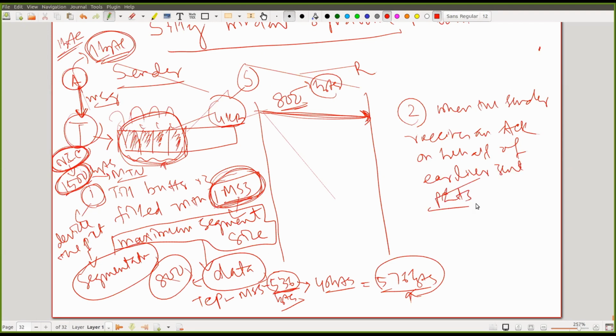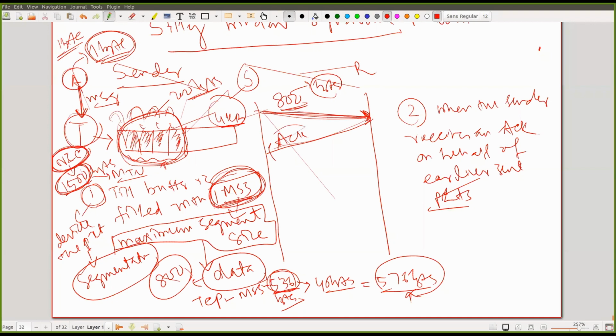let's say I am accumulating packets because the application layer is generating the data very slowly and it has not filled one MSS. Let's assume the MSS is 536, but till now I have accumulated 200 bytes of data in the buffer. In the meantime I receive an ACK from the other end on behalf of the earlier sent packets, which I have already sent.